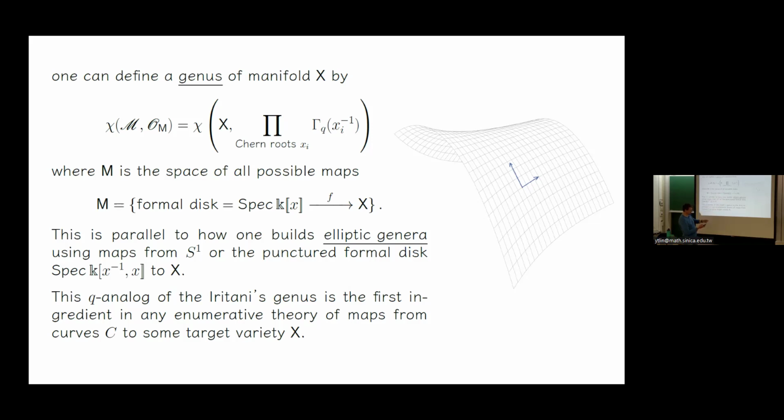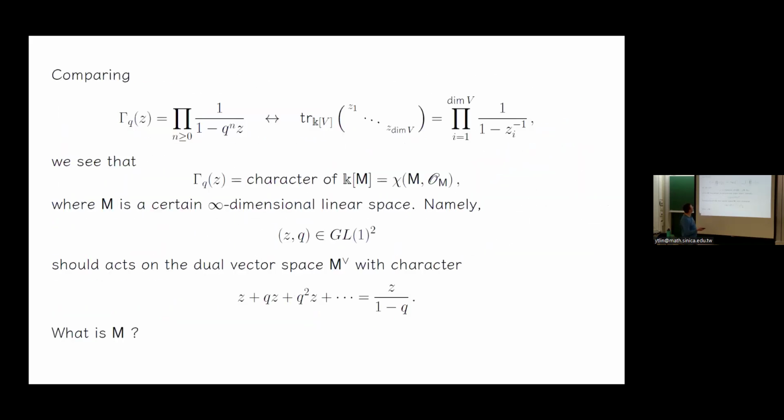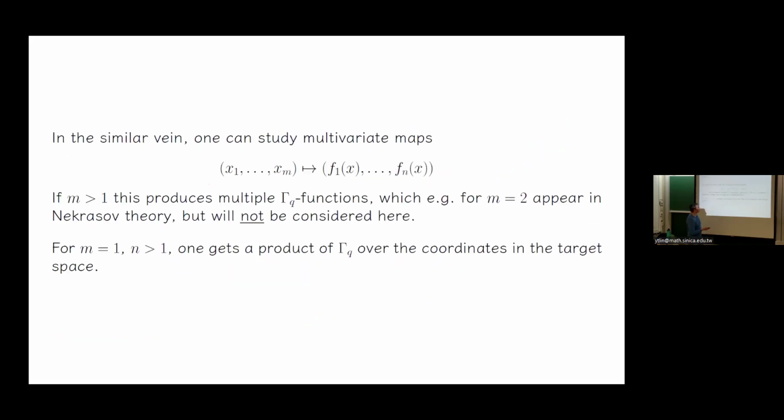If instead, maybe I go back here, if I had to continue this also to negative monomials, that would be essentially an elliptic function, some sort of elliptic genus.